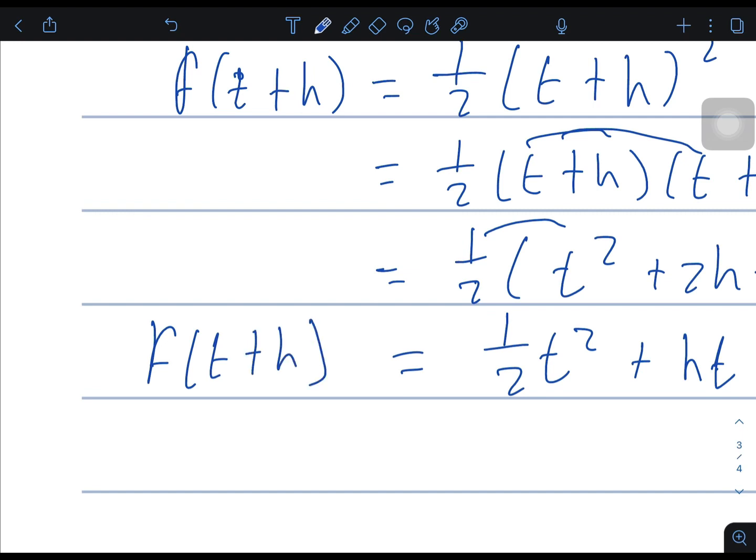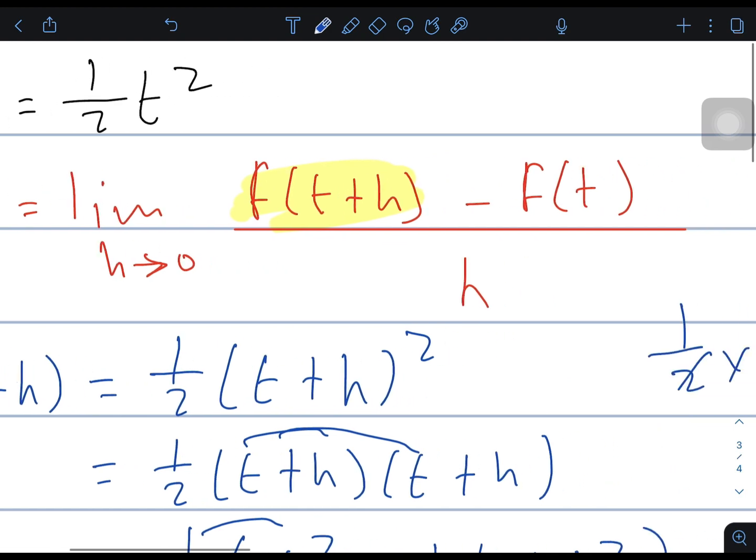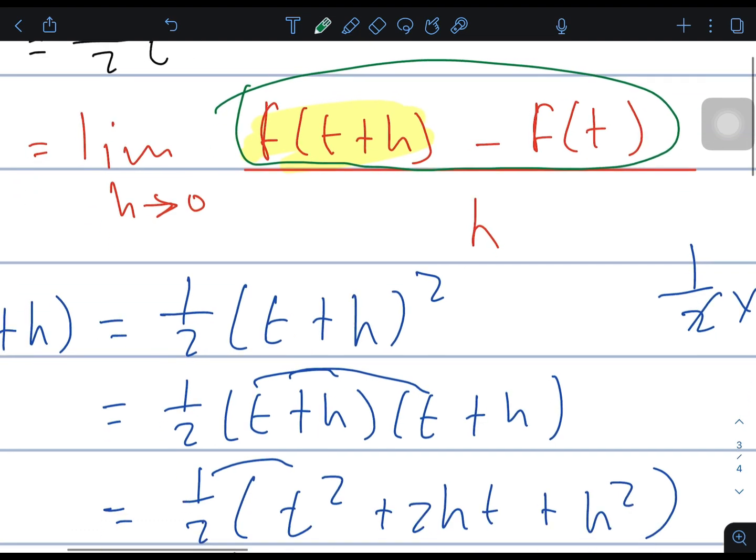Now that you have found f of t plus h, we need to find f of t plus h minus f of t.